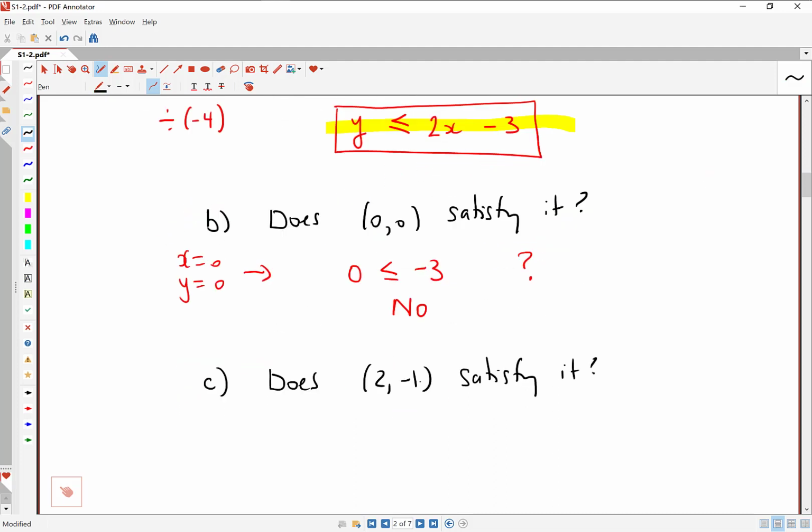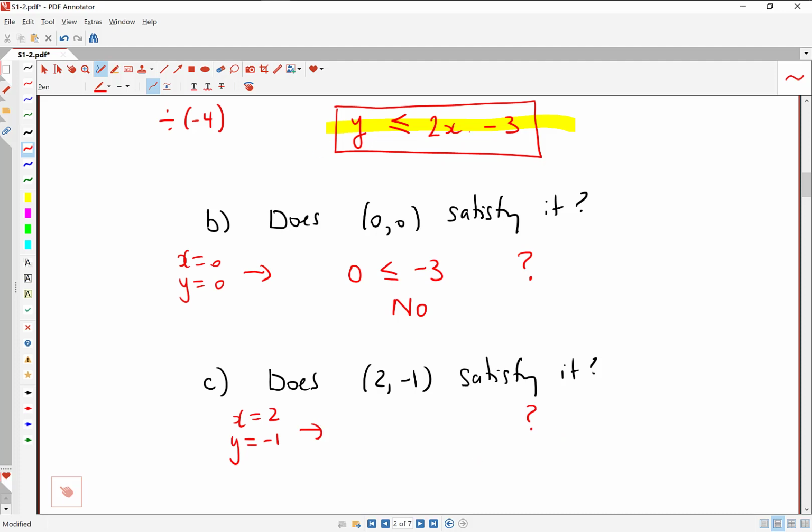Now let's ask, does the point 2, negative 1 satisfy it? So our x coordinate here is 2, our y coordinate is negative 1. And we're going to do the same kind of thing, plug this into the inequality, and we're going to ask the question, is this true or not?